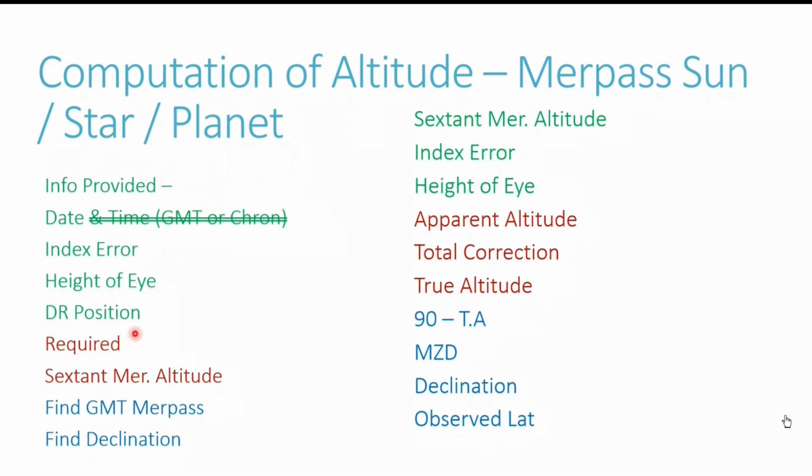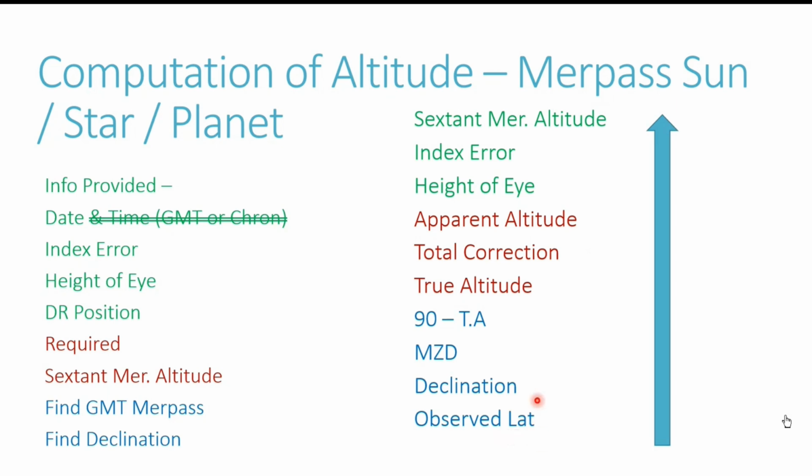We calculate on the basis of the DR position. So we start off with the DR latitude at the bottom and we go backwards. You see the direction of the arrow upward means that you start at the bottom with the DR latitude and you proceed upwards.